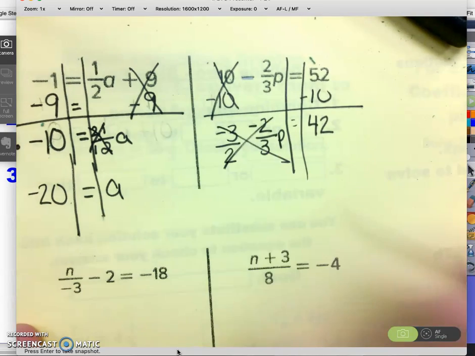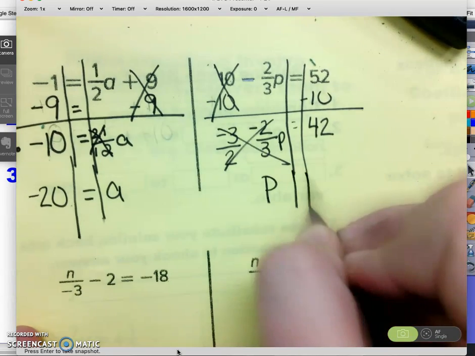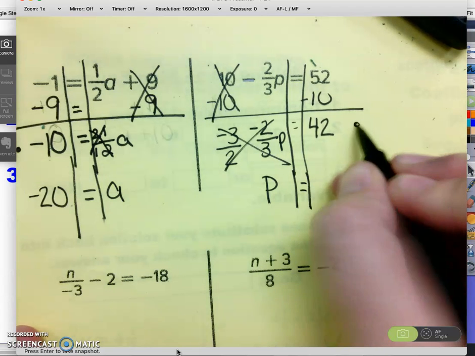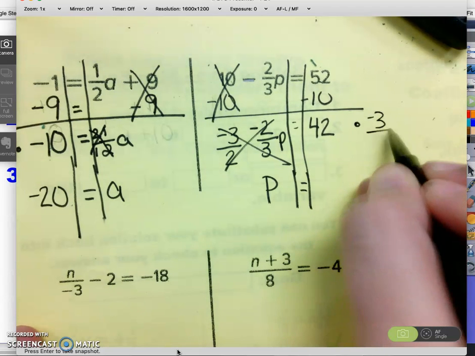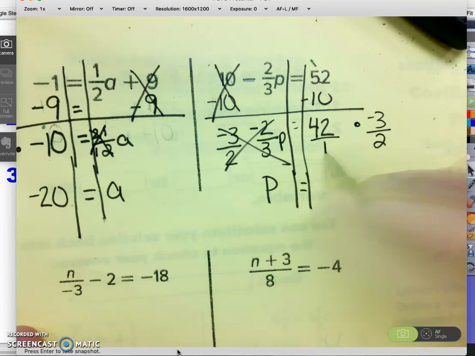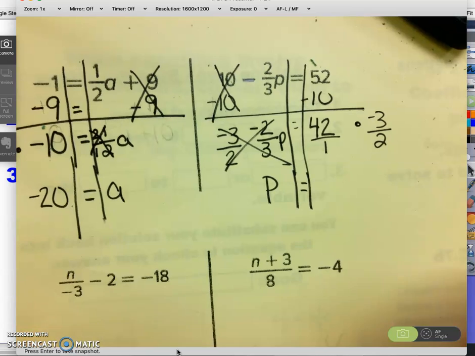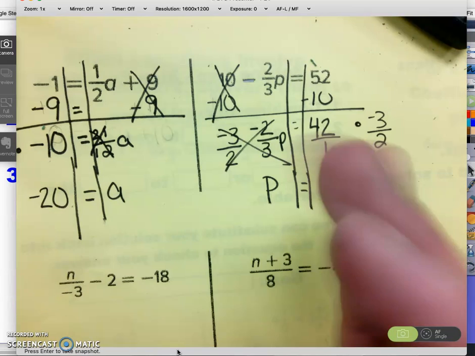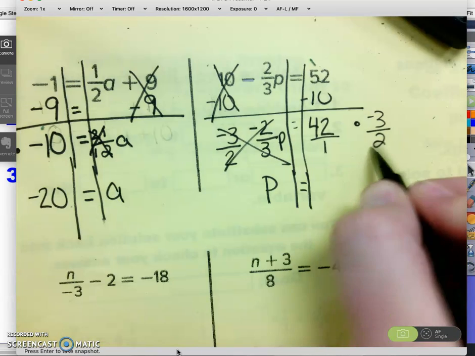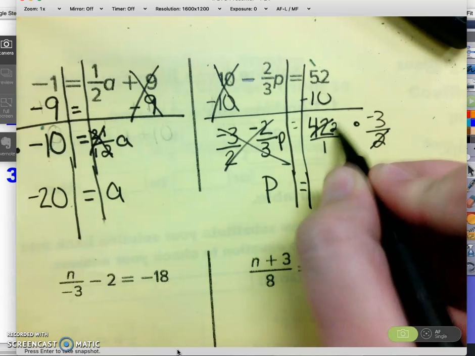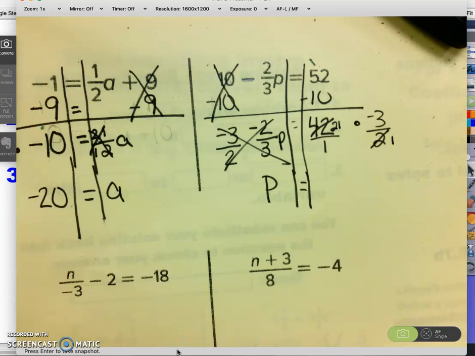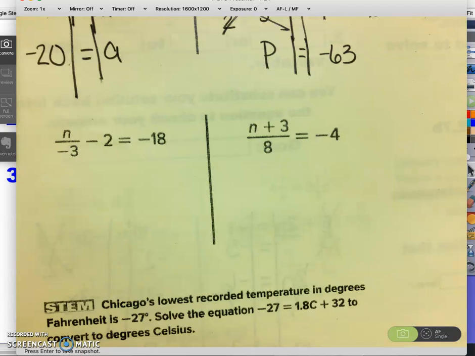These go away. P is left. So I have to multiply this by -3/2 also. Again, don't get confused, but you can simplify first and do 21/1. Oh no, this is -63.